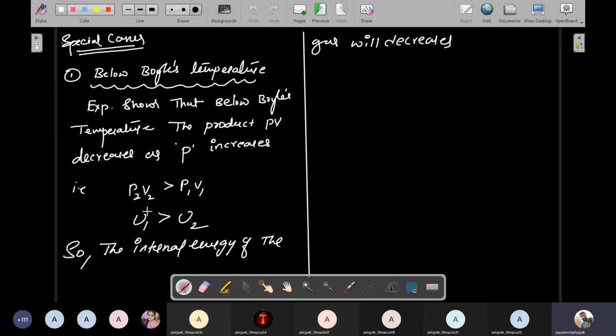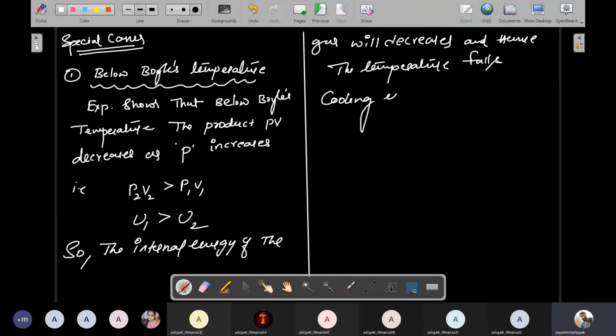Because the pressure and volume of the second chamber are increasing, the internal energy of the gas will decrease, and hence the temperature falls. Understand this point? This is called the cooling effect.